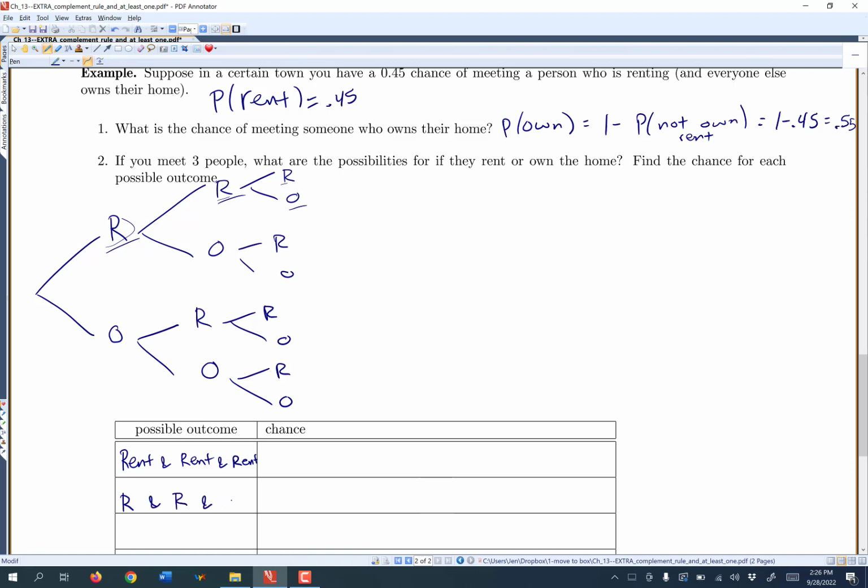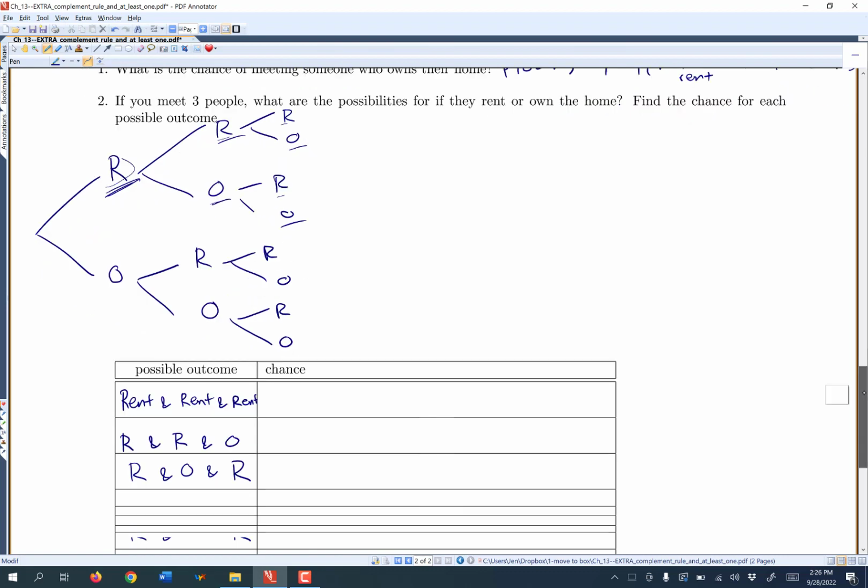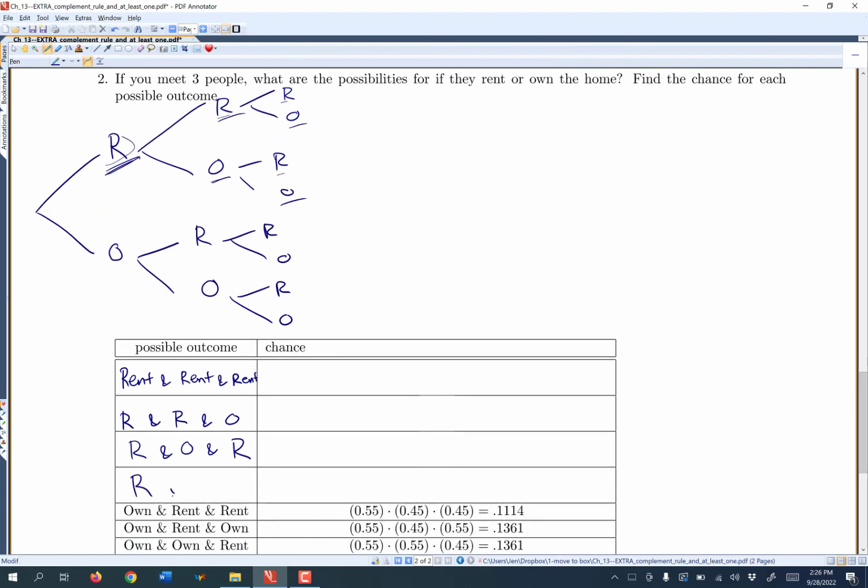You'll notice I get tired of writing out the entire word and abbreviate. The next branch says, well, we could pick the first person to rent, the next person own, and the next person to rent. So it would be rent, own, rent. Or we could have a rent for the first person, and then an own, and then an own. So rent, own, own.